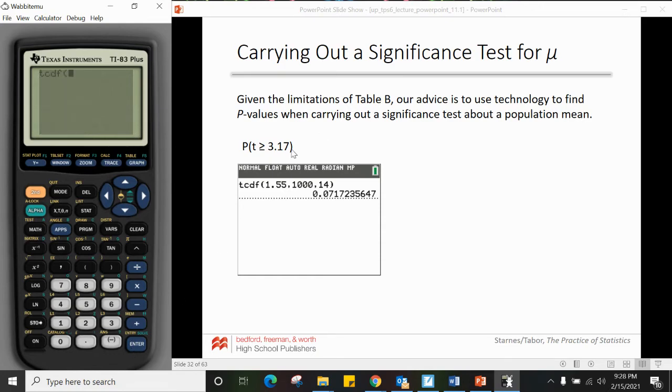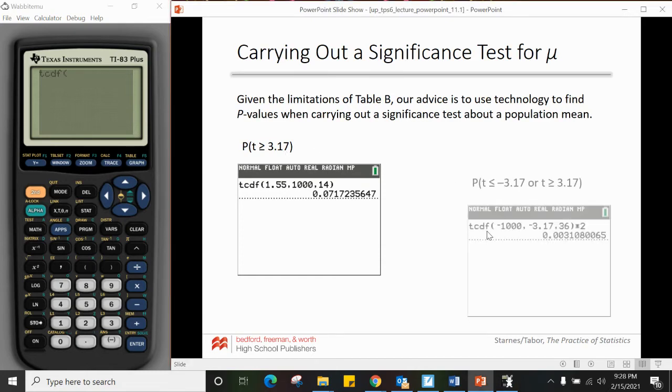I'm trying to find the probability of 3.17 and larger, or negative 3.17. So I'm going to do the left side to show you, negative 1,000. This is the left-hand side, from negative infinity up until negative 3.17, and then comma the degrees of freedom, which is 36.